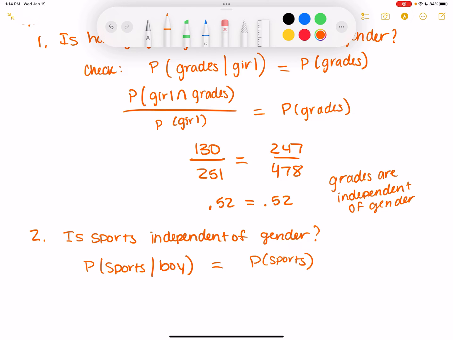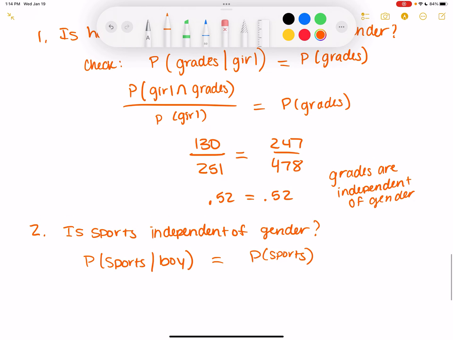Because we want to know if sports is independent of gender, so we're ultimately looking at sports. So with this one, you've got your probability of a boy intersected with sports divided by your probability of it being a boy equal to your probability of sports.